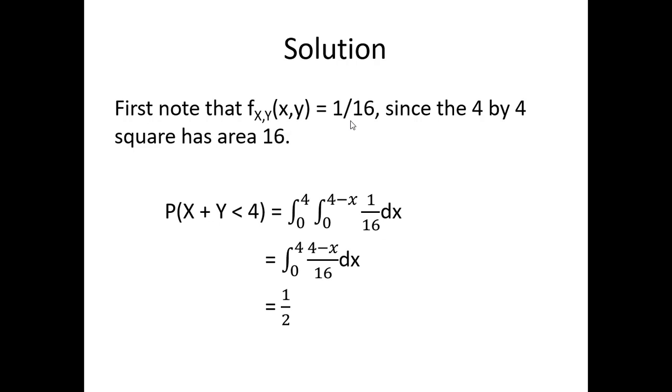So using that, we could figure out our correct bounds here. Remember we said y is 4 minus x. So this would be the integral 0 to 4, and the integral 0 to 4 minus x, of 1/16, let's say dx dy. Somehow the dy is missing here, but that's not a big problem.